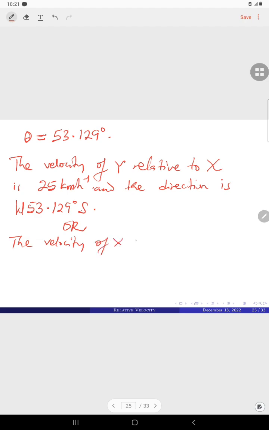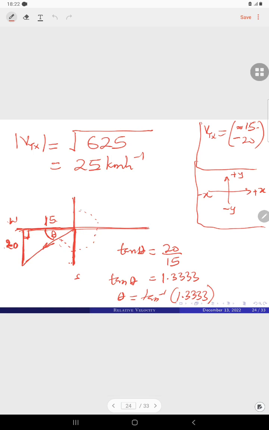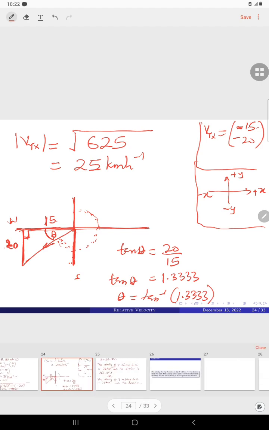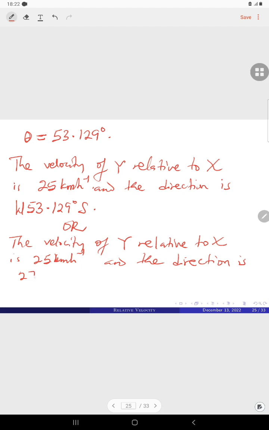The velocity of y relative to x is 25 kilometers per hour, and the direction is, as I was saying, you can also take it from the north in clockwise direction. In that case, it's going to be 270 minus theta, depending on the region where it is lying.